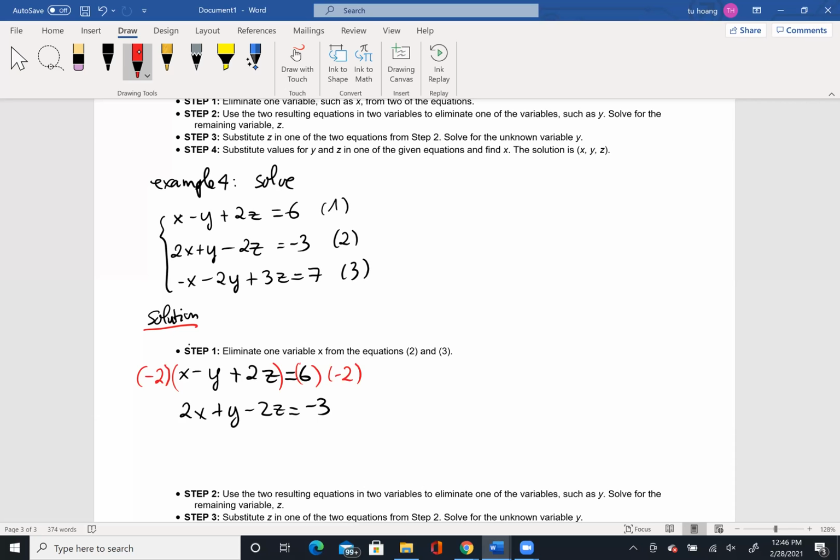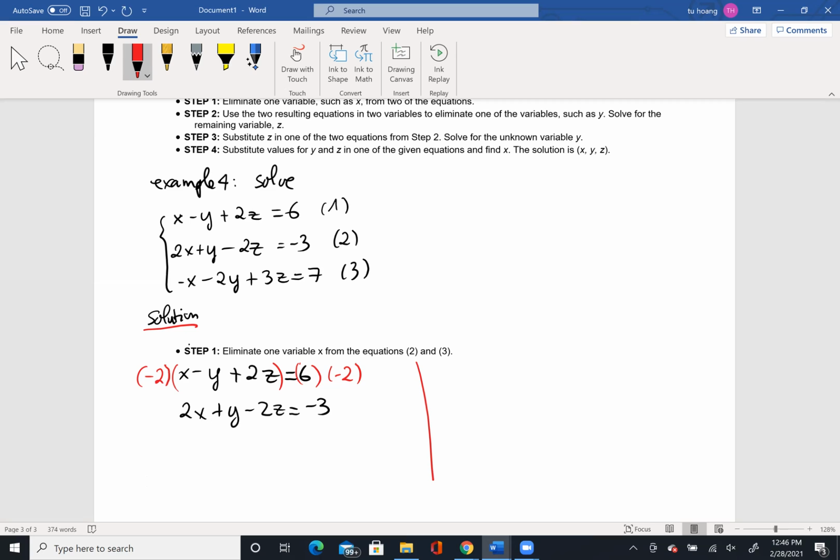So I have -2x plus 2y minus 4z equals -12. That's from the first equation. And then the second one I put down: 2x plus y minus 2z equals -3.